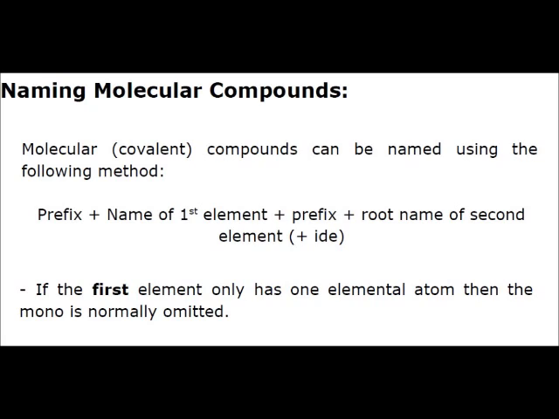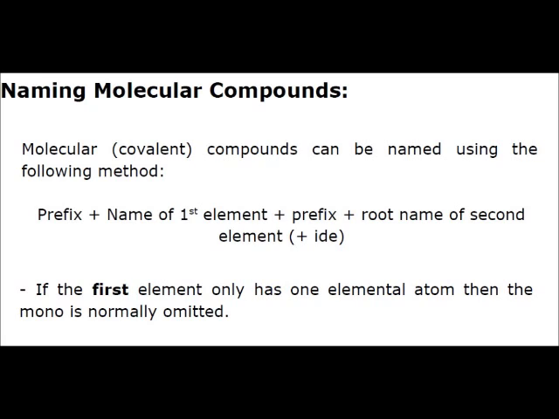But here's where the main difference comes in. The main difference here is that prefixes are added to the first and second element to reflect the amount of atoms that that element is contributing to the compound. Now, there is one exception to this, and it does come up quite a bit. The one exception is when the first element, just the first one, only contributes one atom, the mono prefix is dropped and just the element name is used.